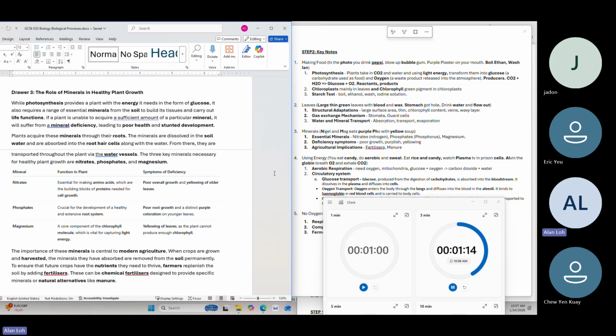Fifteen seconds. Okay. Drawer number 3 done.